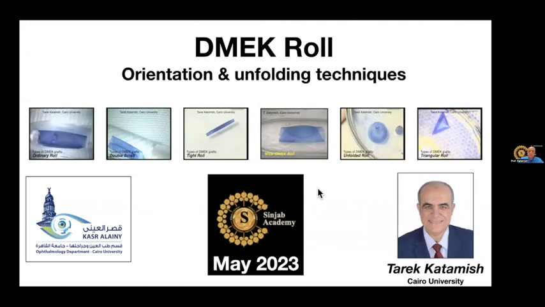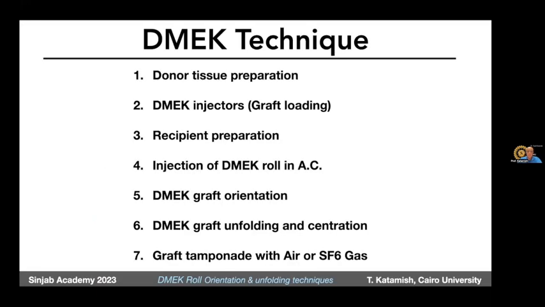So I will speak today about the DMEK roll orientation and unfolding techniques. The DMEK technique, which I mentioned in my last lecture, has 7 steps: donor tissue preparation, graft loading in the DMEK injectors, patient or recipient preparation, and injection of the DMEK roll in the anterior chamber.